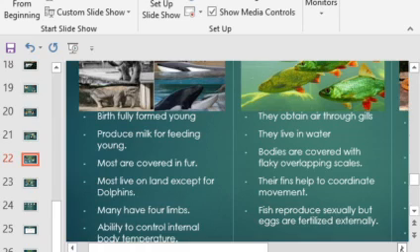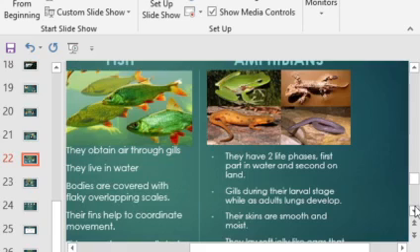Alright, so moving on to the right of our slide, we have amphibians. These organisms have two life phases: first part in water and the second part on land. Toads and frogs are two really good examples that come to mind whenever you think about two life phases.